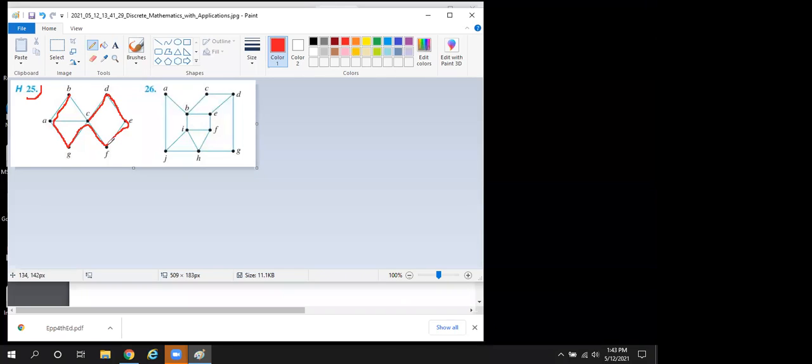It could have been a hexagon or something like that, but instead we pinched the center, from top and bottom, down into the single point C, which means there's no way to continue my journey along the exterior of the graph without retouching that point C. That's problematic, right? Does that argument make sense to people? Are people happy with that? Yep, okay, cool. So what about this guy, 26?